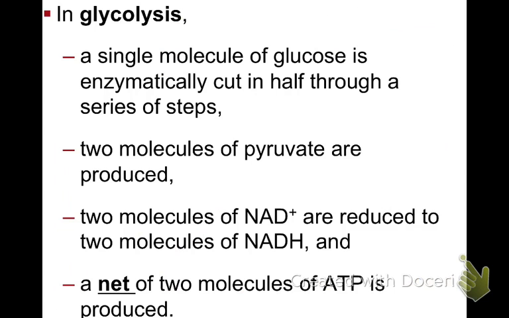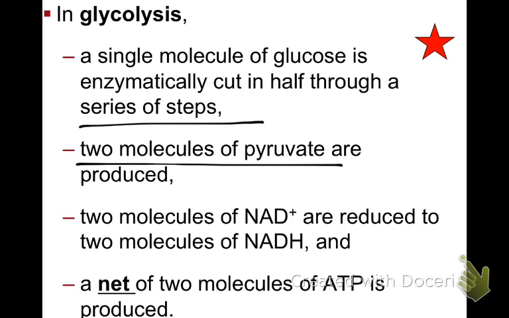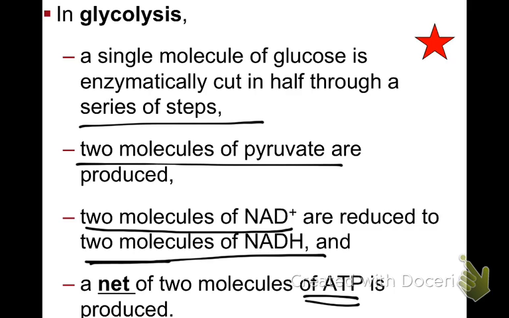Okay, so let's just go over the whole set of slides quickly. In glycolysis, a single molecule of glucose is cut through in a series of steps, okay, and 2 molecules of pyruvate are produced. 2 molecules of NAD are reduced to 2 molecules of NADH, and a net of 2 molecules of ATP is produced.